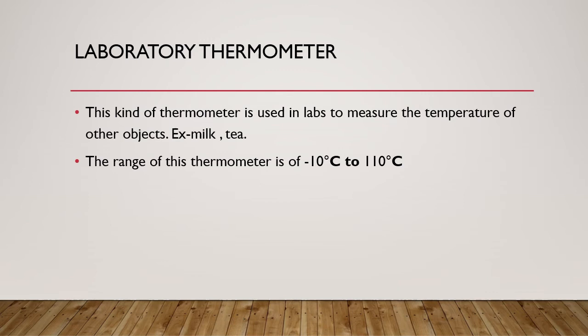When we put the bulb inside the mouth of the person whose temperature we want to check and then take it out to read it, we would not see the correct temperature, as the temperature falls rapidly when it is not in use. So we will see a temperature that is 2-3 degrees less than the actual temperature.